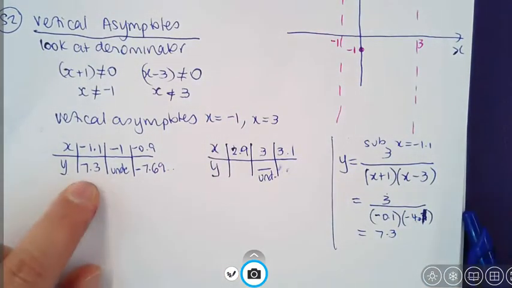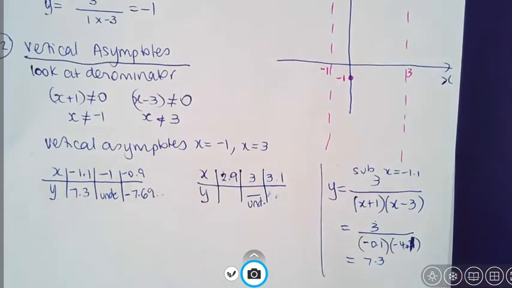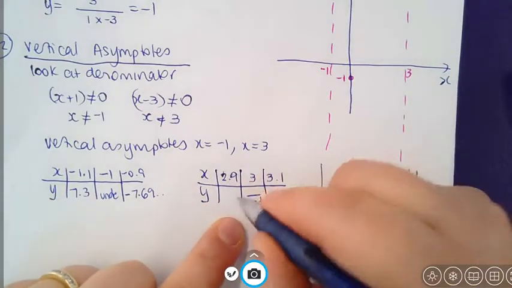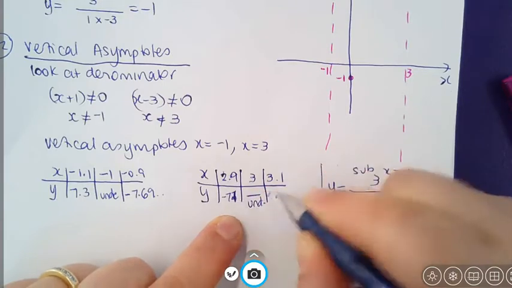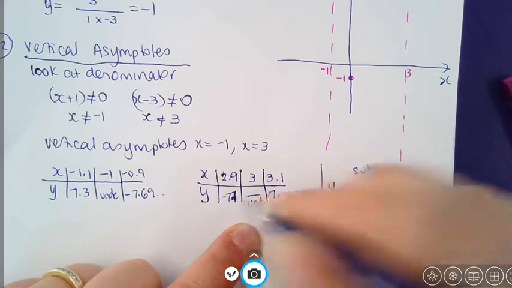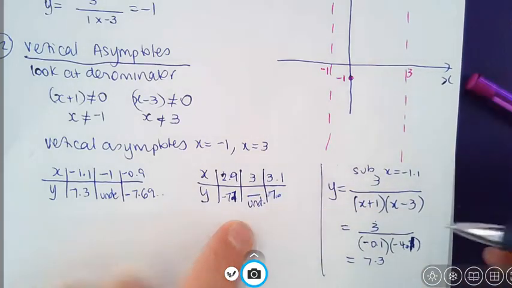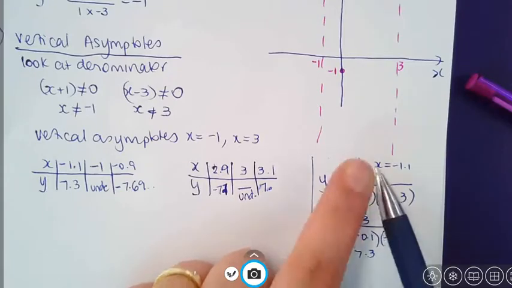So let's have a look here. So when x is just below, is that what you got? It doesn't matter exactly what you get. For this one, what did you get? Okay, I'll just go negative 7.7, and this must be 7.3. Negative 7.7. And when it's 3.1, look, that will be positive, that will be positive.